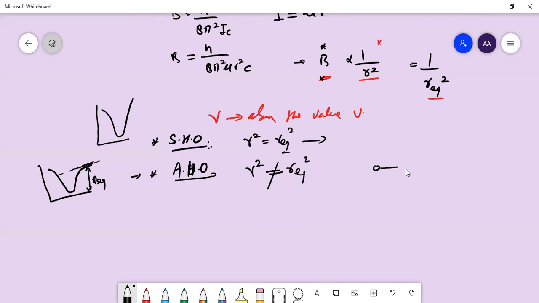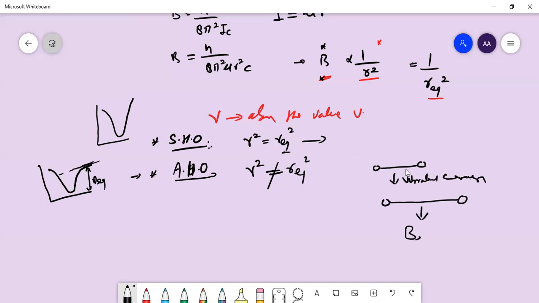So for example, if this is the equilibrium bond length and you increase the vibrational energy, this will lead to a change in the bond length of this molecule. Usually it will increase the bond length. If the vibrational energy increases the bond length of the molecule, then this will lead to a change in the rotational constant value B.